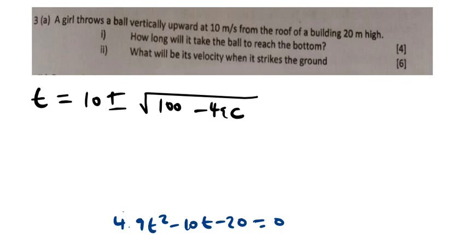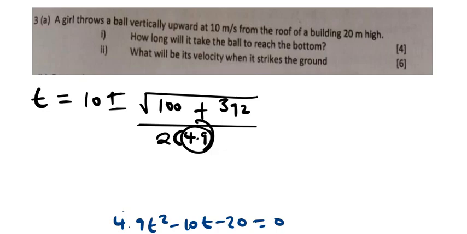So the negative is going to cancel and we're just going to have a positive: 4 multiplied by 4.9 multiplied by 20. What does it give me? It's giving me 392, over 2a. Our a is 4.9.